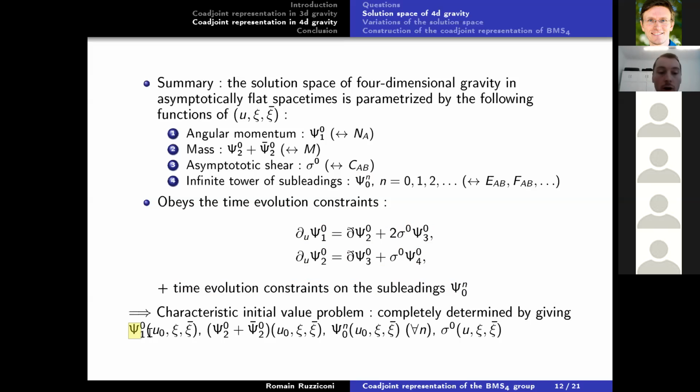You have to give explicitly this angular momentum at a fixed time, and also the mass and this infinite tower of subleading terms at a given time u0. And to specify completely your solution, you also have to provide this asymptotic shear function, but this time on the whole boundary, because sigma 0 is not constrained by a time evolution equation.